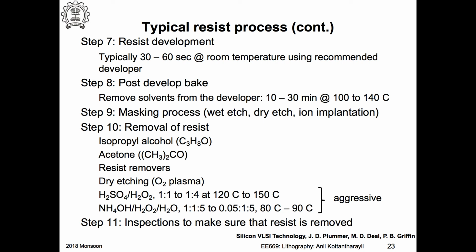Now, one concern is shown in this image from the book by Plummer. What you are trying to do is you have a silicon wafer with certain features on the surface. Now you have photoresist and you are trying to expose this.